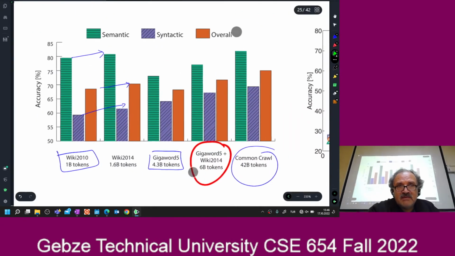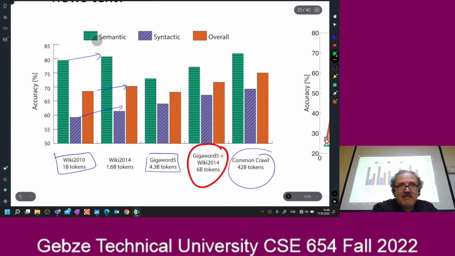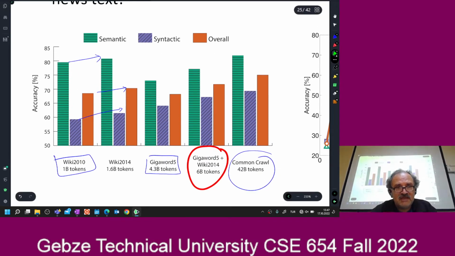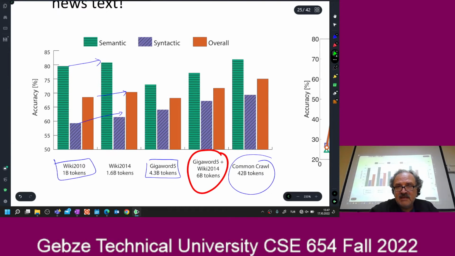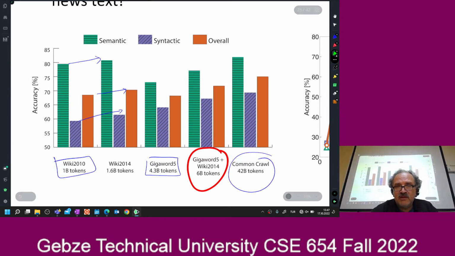And there is something else. Again, the same thing: semantic, syntactic, and overall accuracy. And this one looks at the type of the data and the size of the data. 1 billion tokens, 1.6, 42 billion tokens.